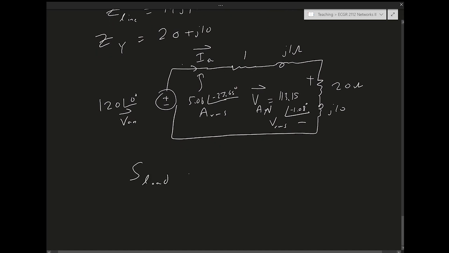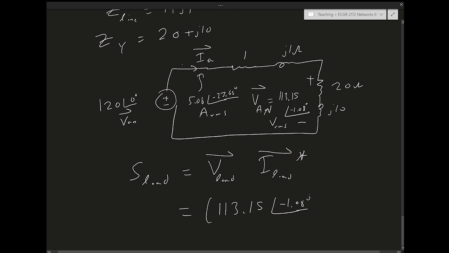So we want to use those currents and voltages that we solved to find S load. S load in this case is going to be just V load times I load conjugate, right? V load is going to be VAN essentially, which is 113.15 at minus 1.08, and the current is going to just be the line current conjugate, meaning the angle now turns positive. So we have 5.06 at 27.65 degrees instead of minus 27.65.